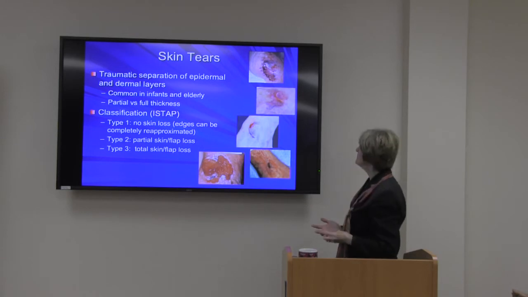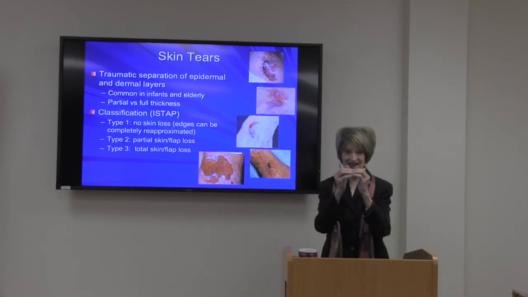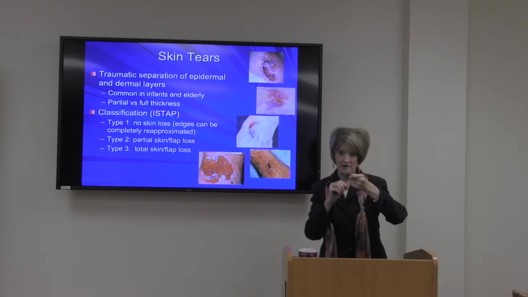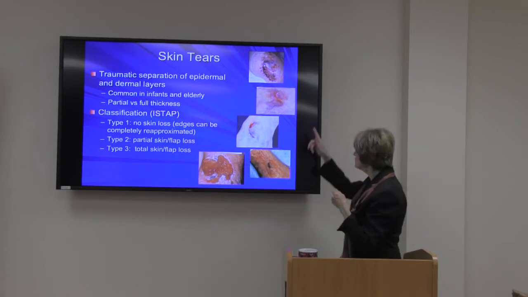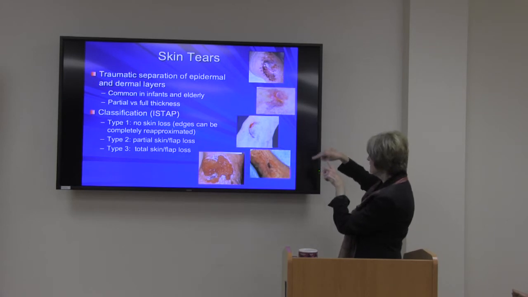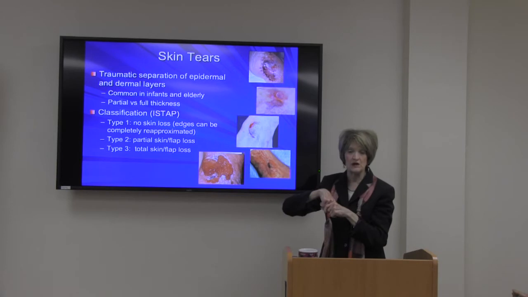So type 1 means there is no skin loss. The skin edges can be reapproximated. Any flap completely covers the area of injury. So if you look at the top, you can see that those skin edges can be reapproximated, and there's no actual open wound.